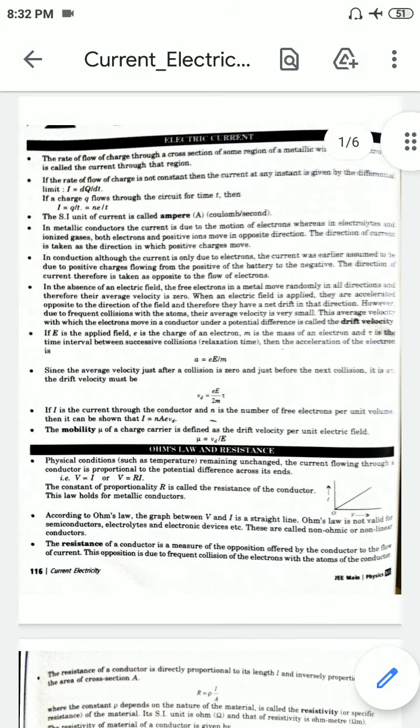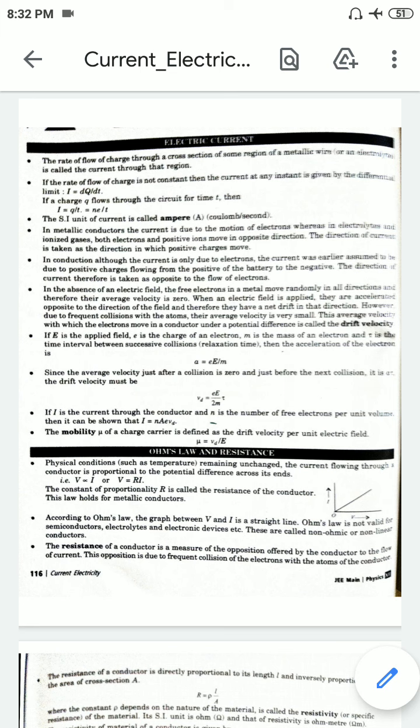So V is directly proportional to I, that is, the voltage is directly proportional to current. Current is directly proportional to potential difference. V = IR is the equation for Ohm's law, and the constant of proportionality R is the resistance of the conductor.